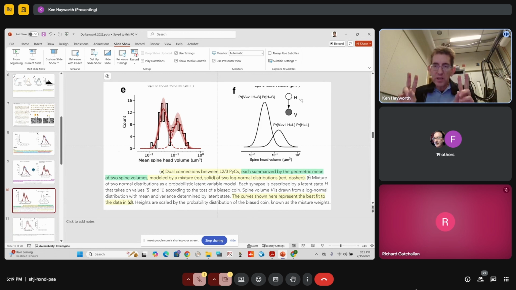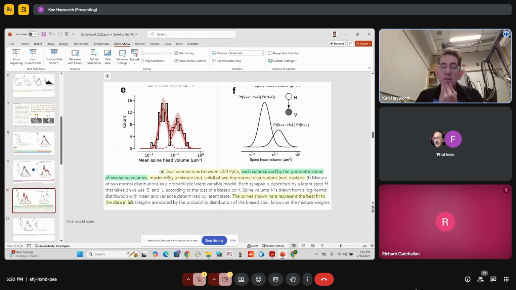So there's a binary latent variable called H, and this variable H can either be small, so it's a small synapse, or a large synapse. But then there is this other variable V that is a noisy analog variable that is essentially noise on top of it, and that amount of V might be different from small synapses to large synapses. Okay, and so that's what they're really modeling here.